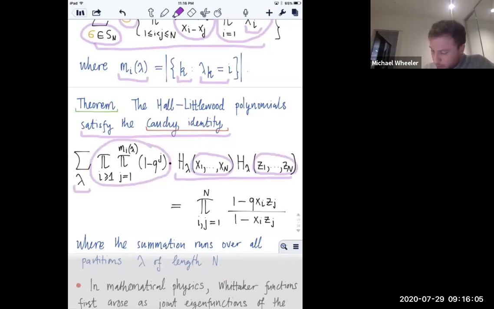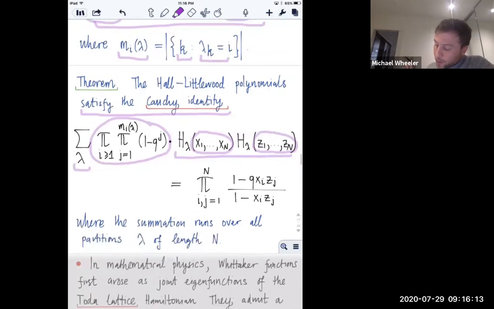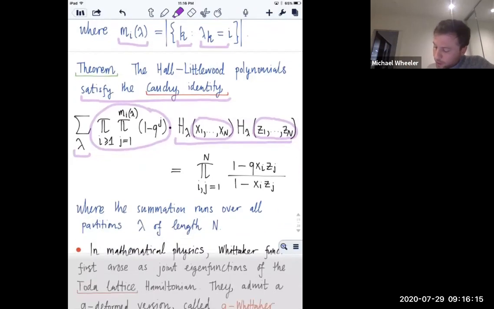And so the claim is when you perform this summation, at least if you interpret this thing as a formal power series, you can actually sum it up and you get the answer on the right-hand side, which is just this very simple product in terms of the x's and the z's, and also the q parameter.